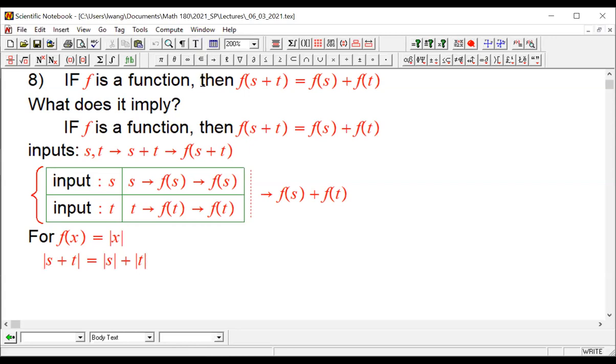We have addressed these things, right? These are in our exercise. This is false. Okay, this is false. So very soon, you're going to find that you have many functions that will make it false. Let me give you a few.